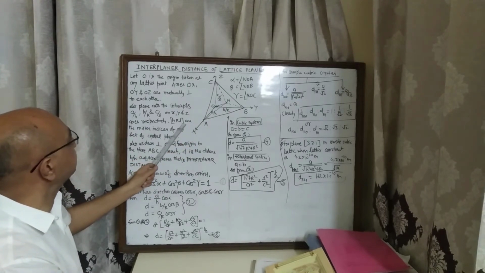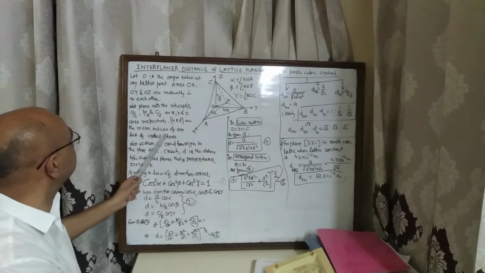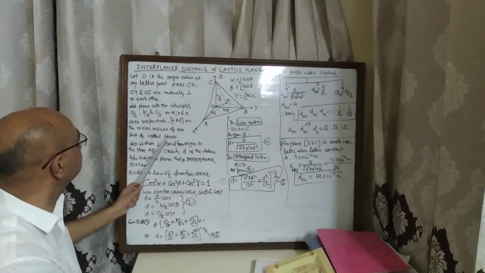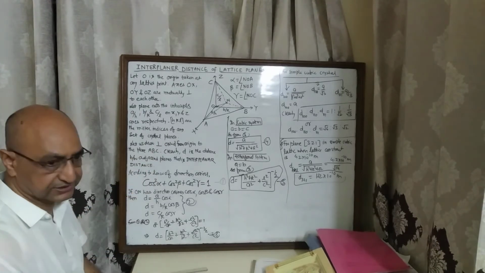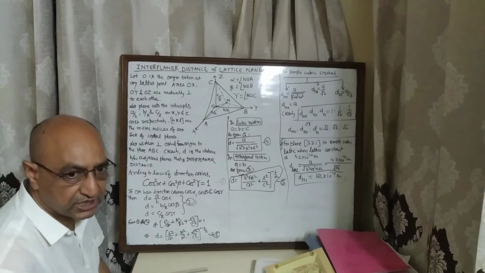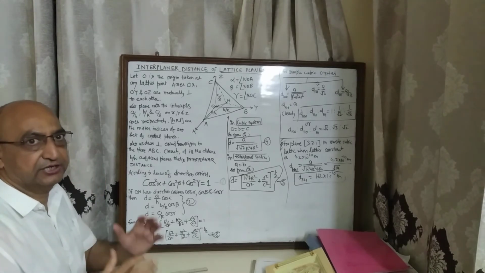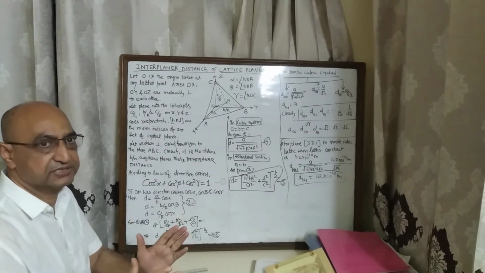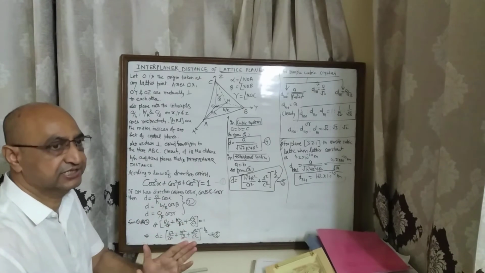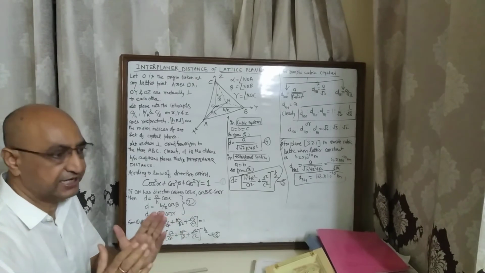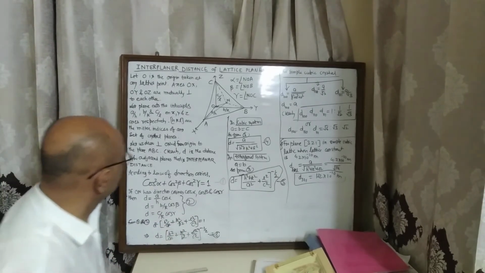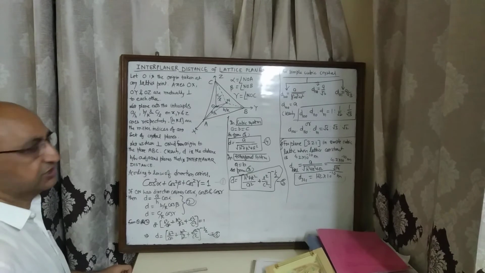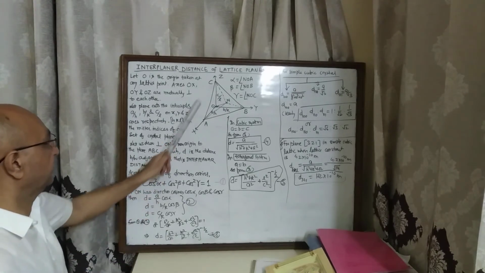Here h, k and l are the Miller indices of any set of crystal planes. So we are looking for the distance between these crystal planes having Miller indices h, k and l. We need to concentrate on this figure.